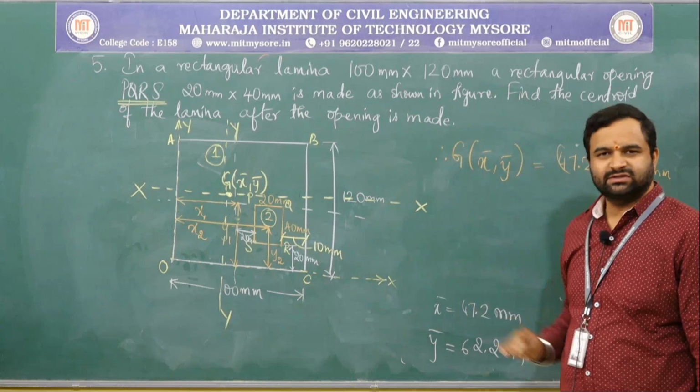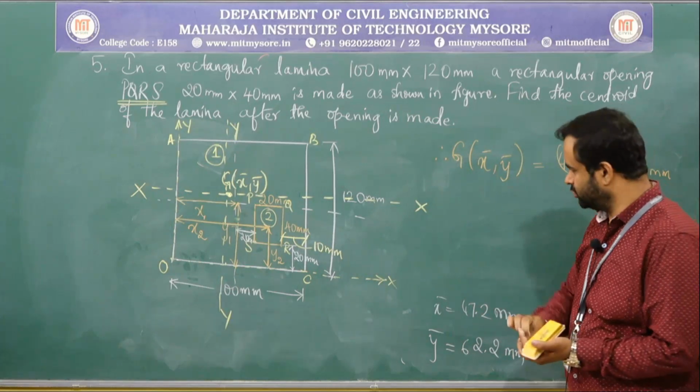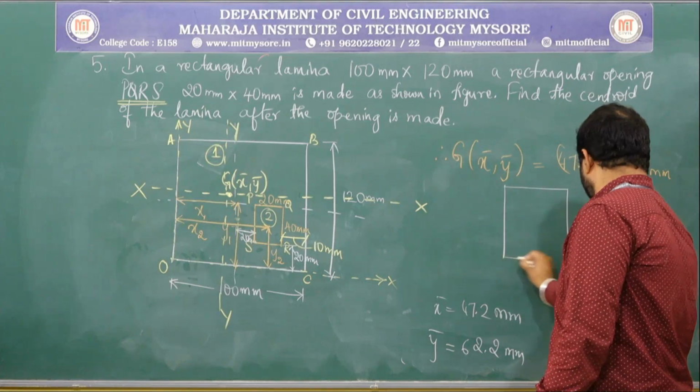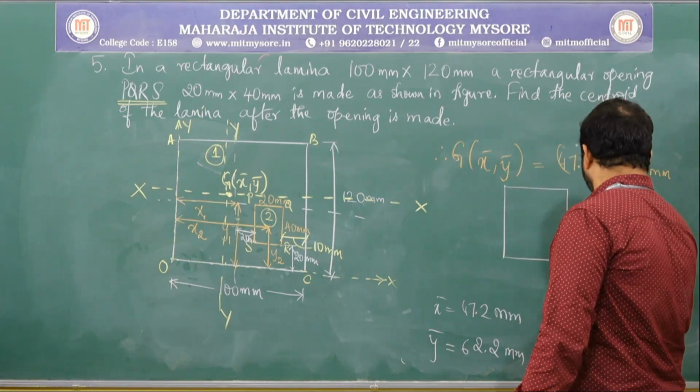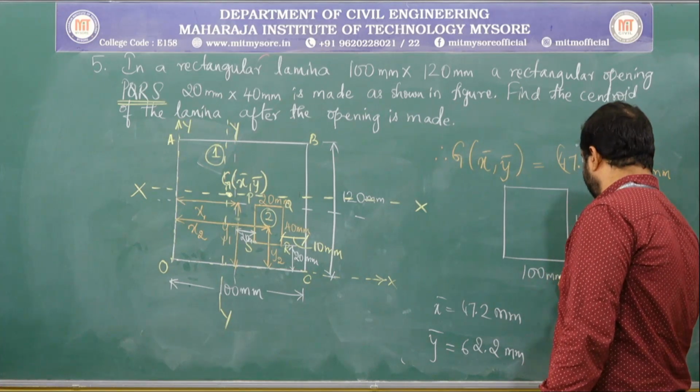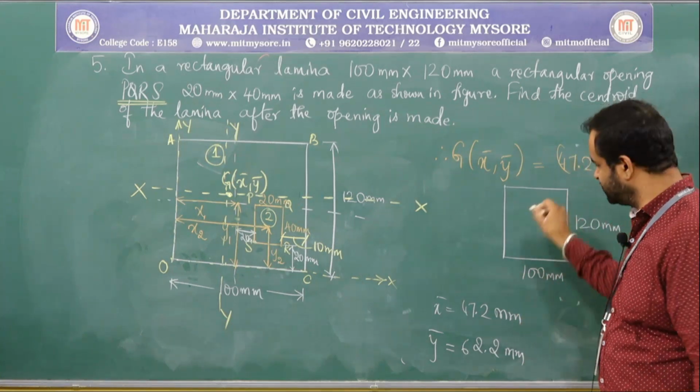Now, just compare this with a regular rectangle without an opening made. If they consider the same problem, let me show you. If this is 120 mm and if it is 100 mm, where does the centroid of this rectangle lie?